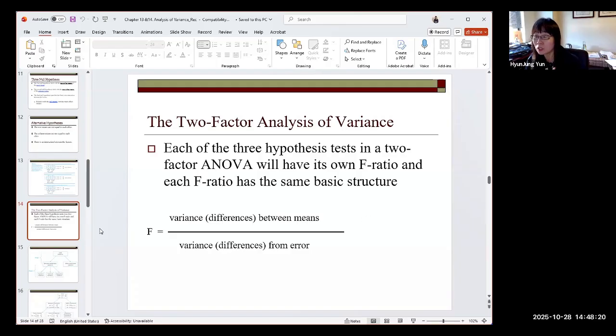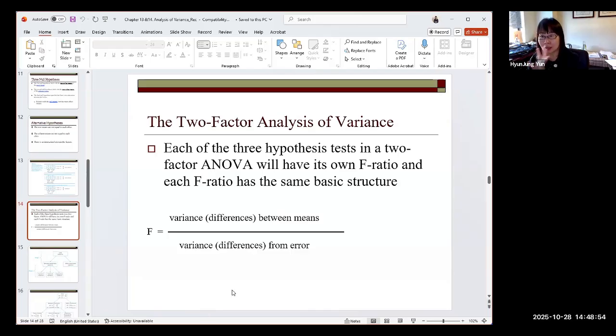Okay, still it is an F test. Multi-factor ANOVA uses the F distribution table. But since it's multi-factor ANOVA, with multiple main effects including interaction, they run multiple F tests. So still, the F test measures whether there are differences across and between different groups. That's the numerator.